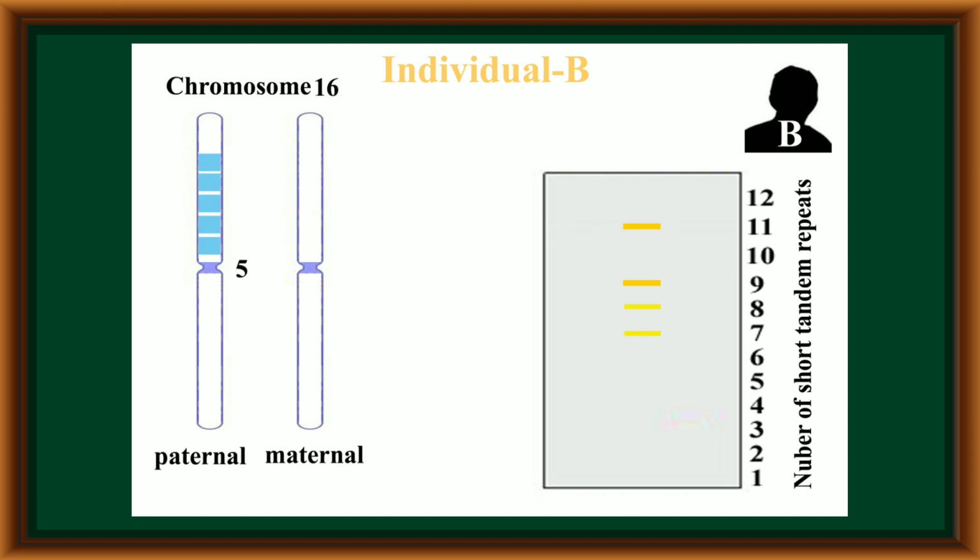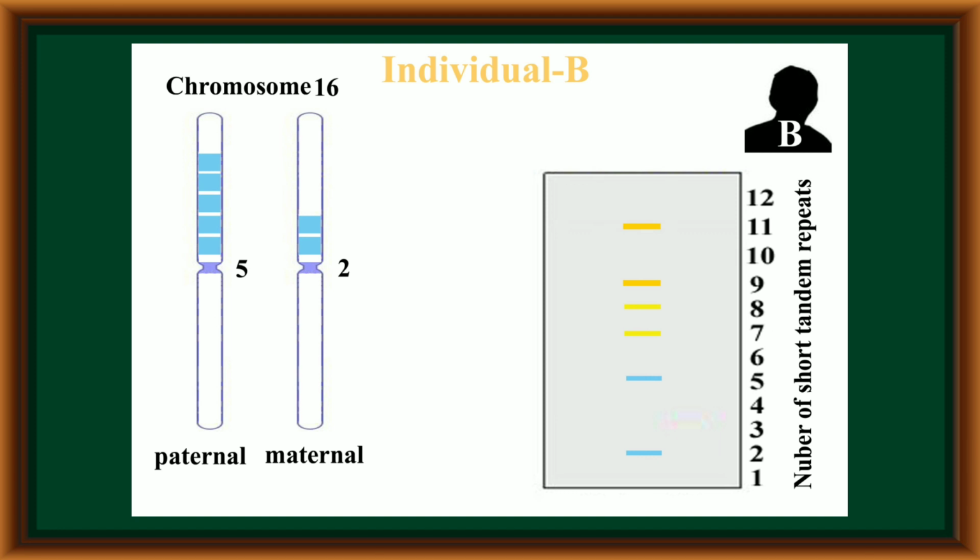Chromosome 16 pair: the paternal chromosome of 16 has 5 repeats, so it forms a band opposite to 5. The maternal chromosome of 16 has 2 repeats, so it forms a band opposite to 2.